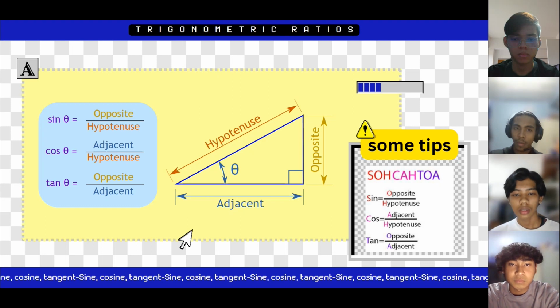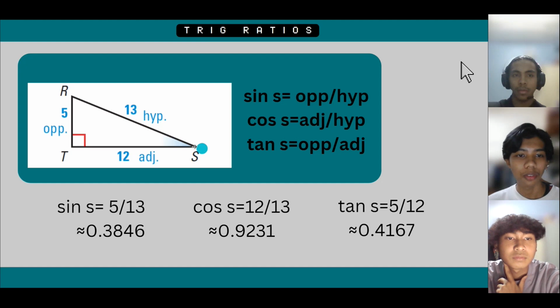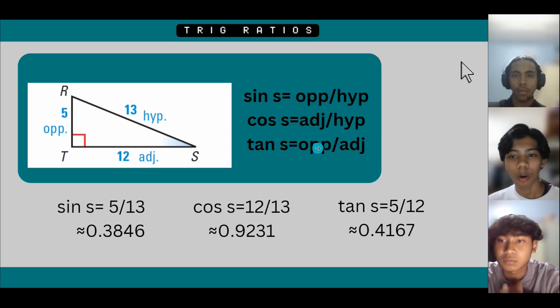Calculating sine, cosine, and tangent. You may find it helpful to remember sine, cosine, and tangent as SOH, CAH, and TOA. For example, we have 5 on the opposite side, 13 for the hypotenuse, and 12 for the adjacent side. Sine equals opposite over hypotenuse, cosine equals adjacent over hypotenuse, and tangent equals opposite over adjacent.